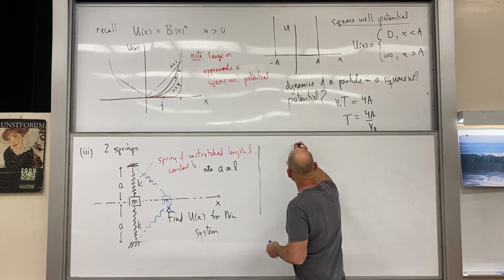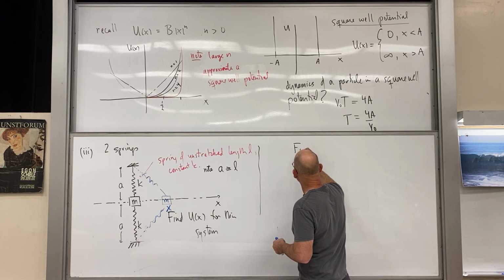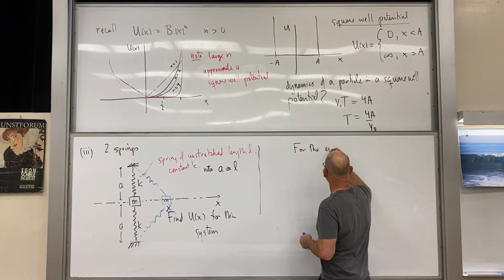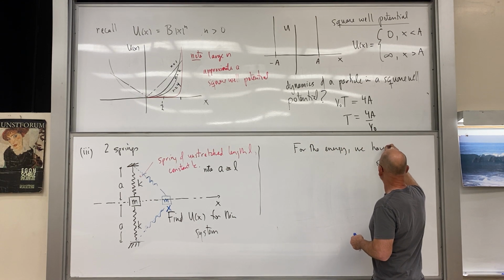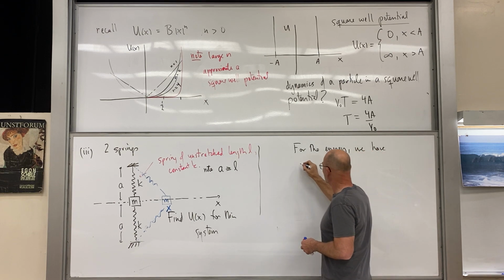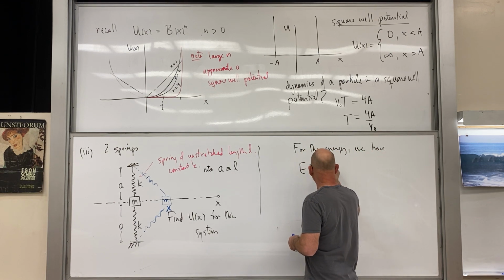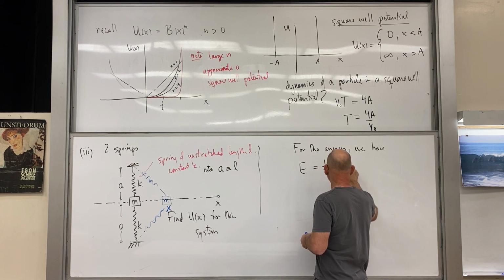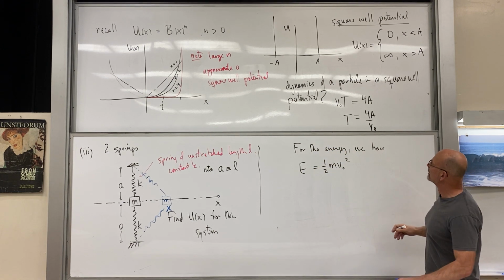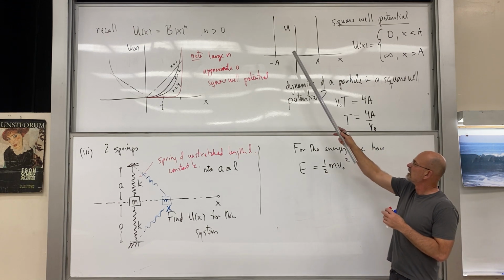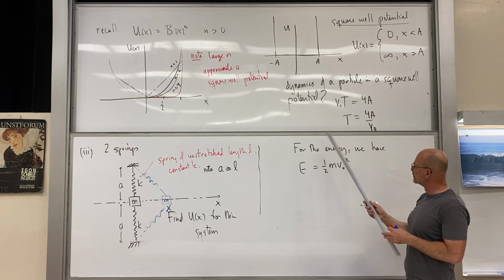So for the energy, E is just 1/2 m v naught squared, because the thing is free almost all the time, and then it's just drifting back and forth.